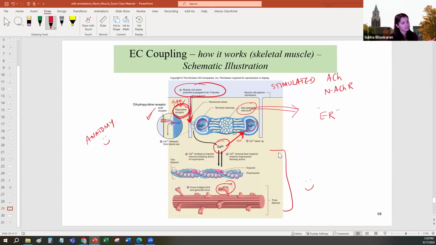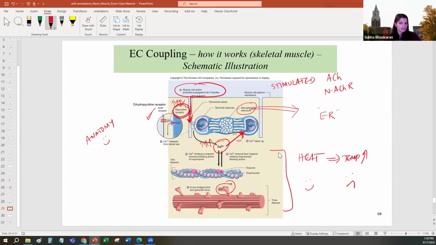What happens if there is activation of ryanodine receptor? There's going to be more calcium pouring in, yes or no, which will cause the skeletal muscle contraction to keep going on and on. What happens when skeletal muscles keep contracting? They generate a lot of heat. And then the body temperature shoots up. Got it? So this is malignant hyperthermia.